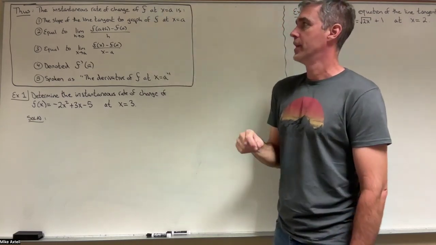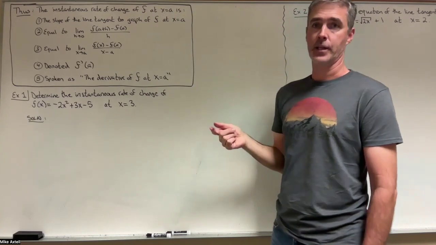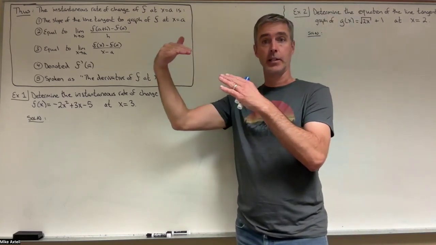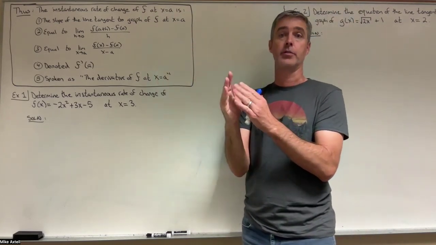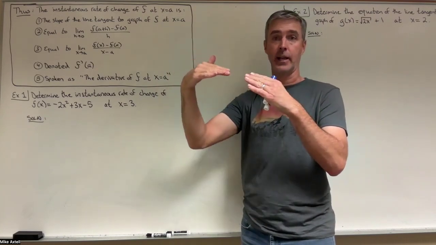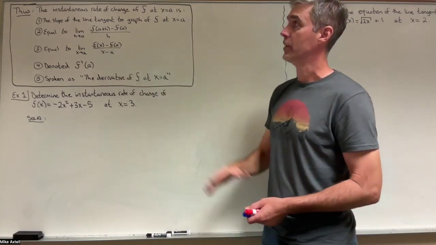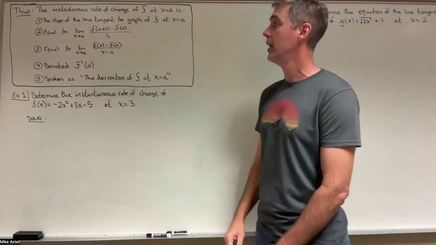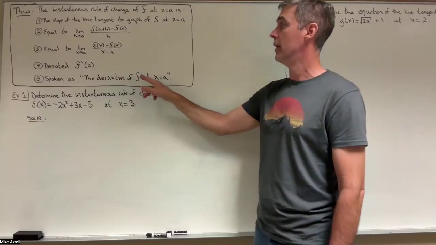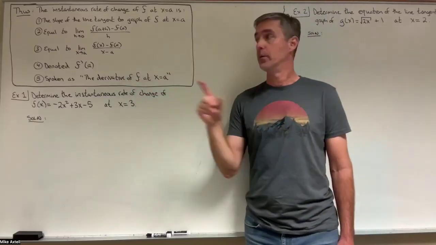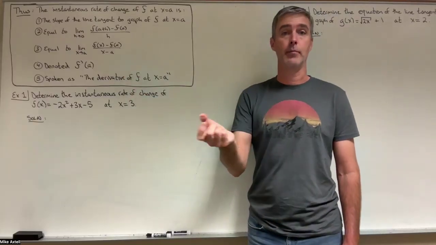The limit as x approaches a of f of x minus f of a all over x minus a. And both of those are basically just secant line slopes where the second point is getting closer to the first point. So the secant line is getting closer to the tangent line. We denote this instantaneous rate of change, this slope, as f prime of a, and we say it is the derivative of f at x equals a, and we would say this as f prime of a.